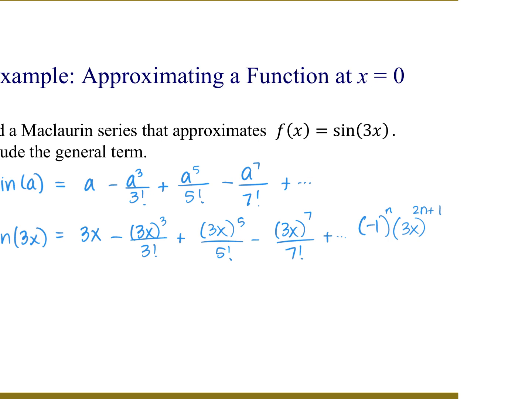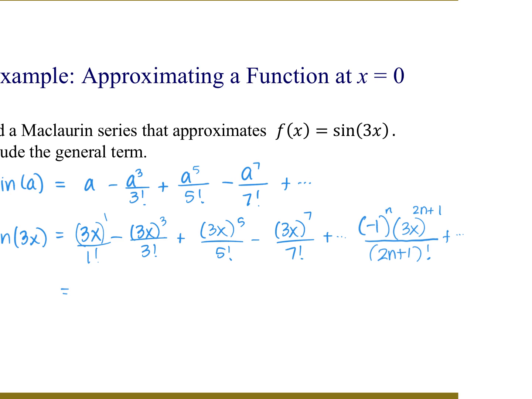If n starts at 0 and you put it into 2n plus 1, what would the first power end up being? 1, which is what the first power is. This is like 3x to the quantity first over 1 factorial. Like it's really all there. So then if 2n plus 1 is your power, then 2n plus 1 quantity factorial should be your base as well. So that would be the general term.